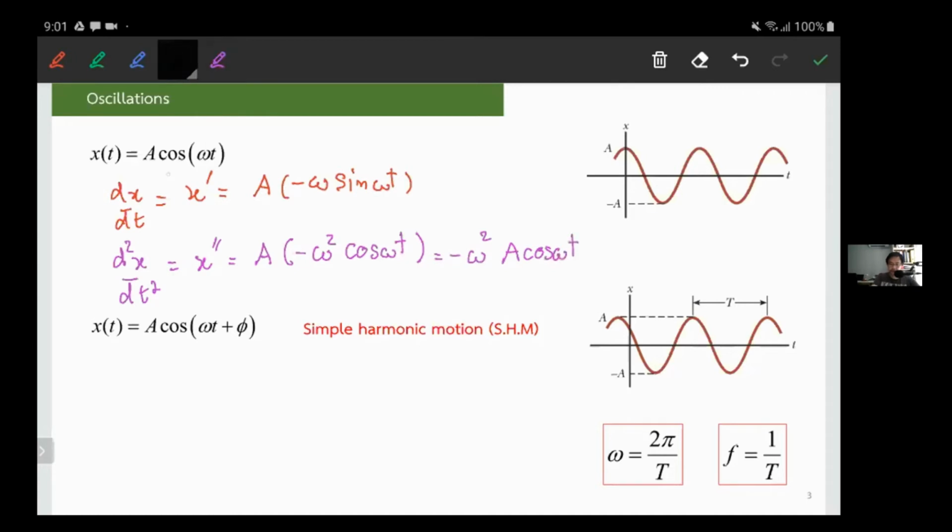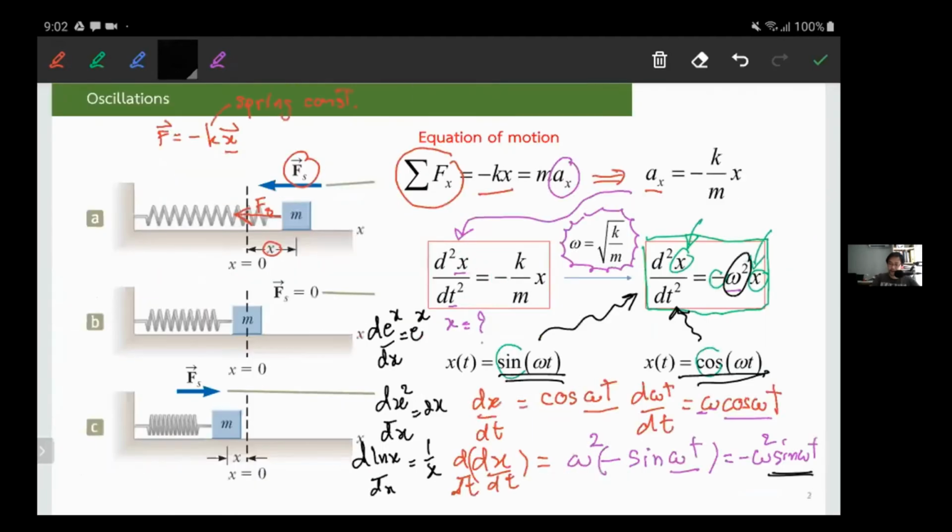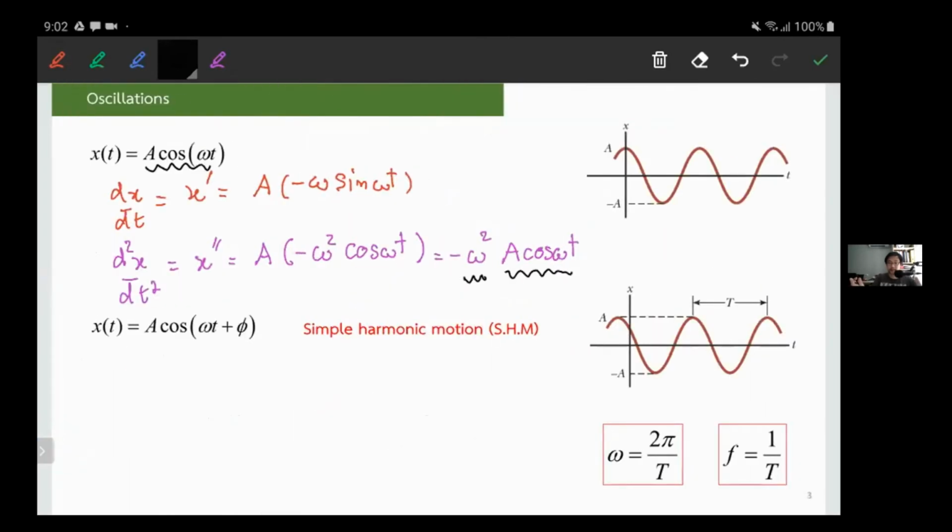Now I'm getting the original back. You see? Along with the omega squared, just like what we had right here, omega squared. Perfect. Okay, still so far so good. So that means actually A cosine omega t is a good solution. It's a good one. But that's not done yet. Let's do one more time.